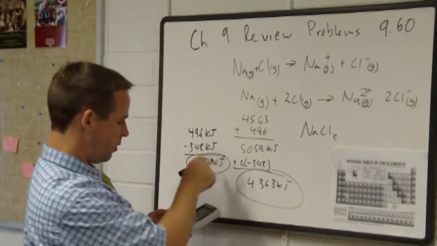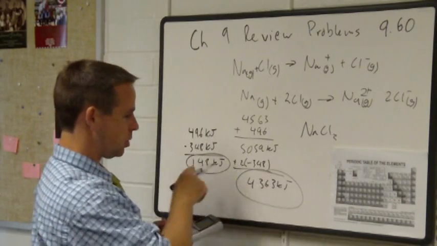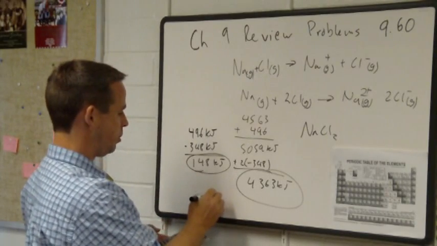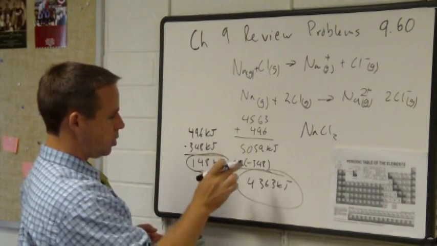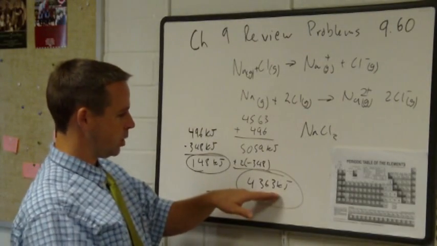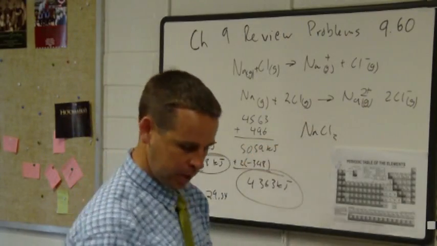If we take this and divide it by 148, we see that it's almost 30 times as large, 29.5 times as large. So we have to have about 30 times more lattice energy released to form this compound.